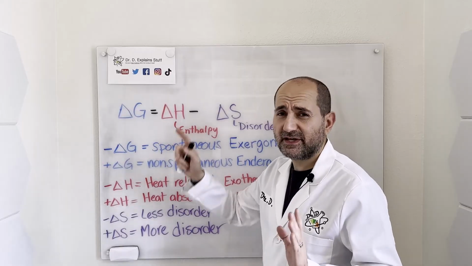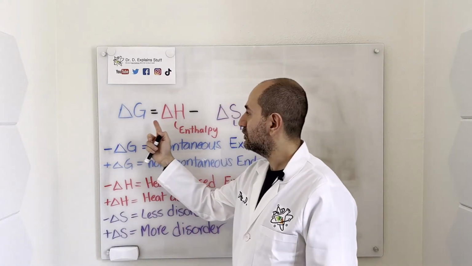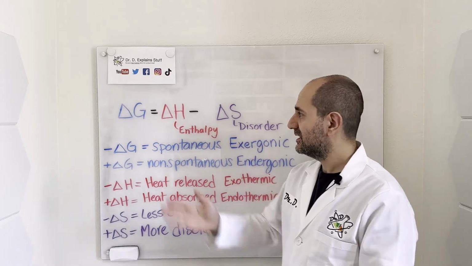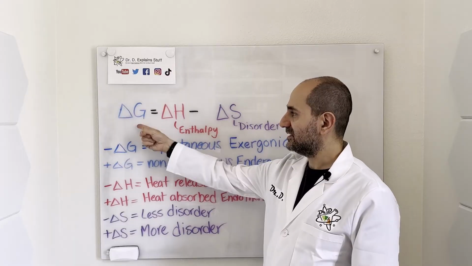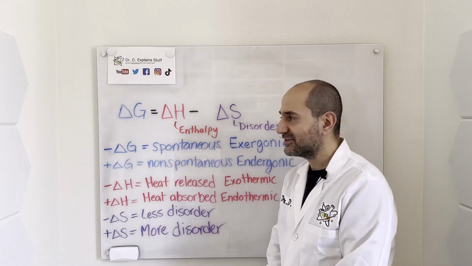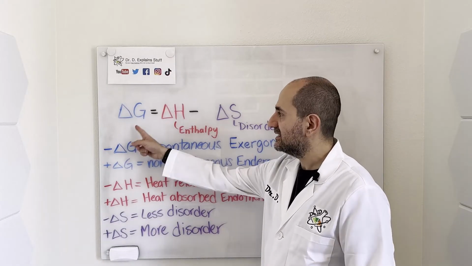We just have a very simple math problem, don't we? Delta G equals delta H minus delta S, right? So it's just this minus this equals that. It's grade school math, okay? What does it mean to have a negative delta G?